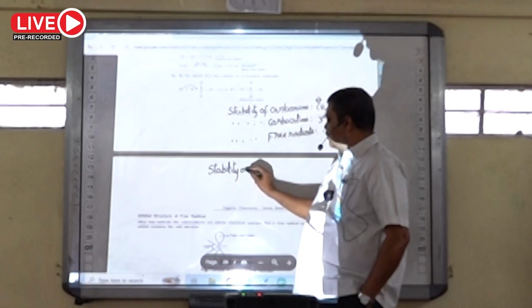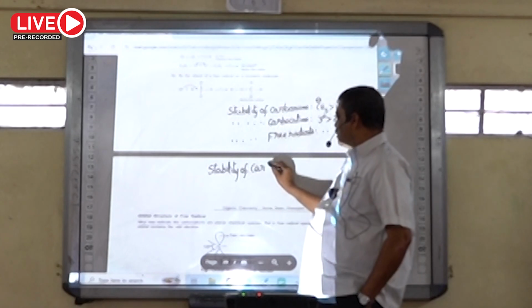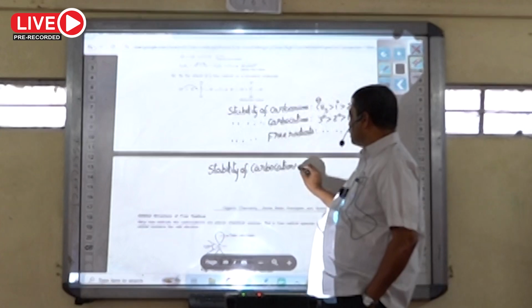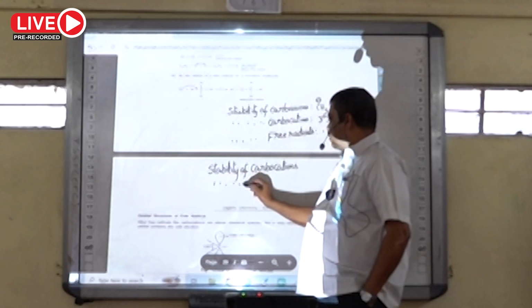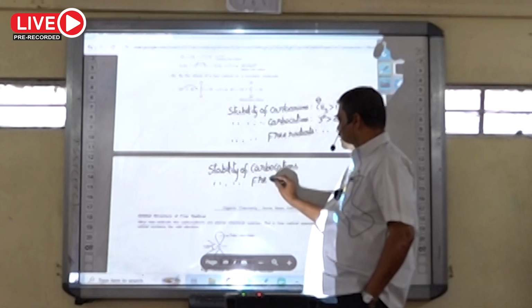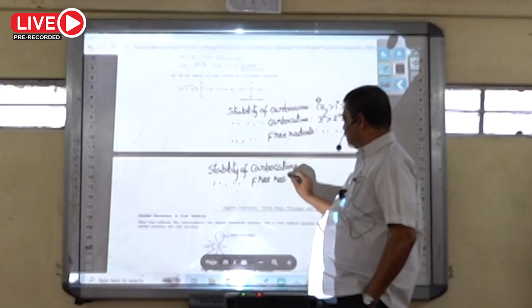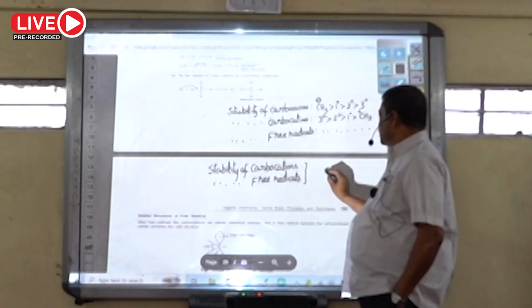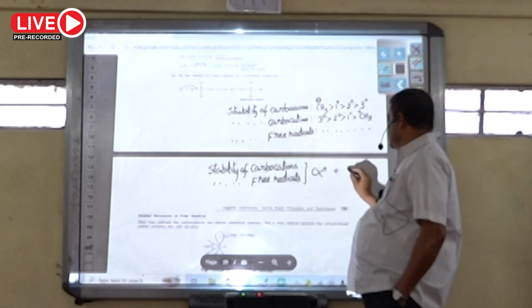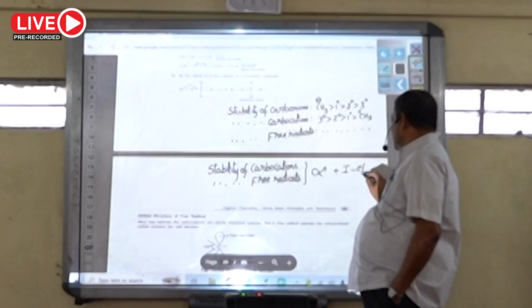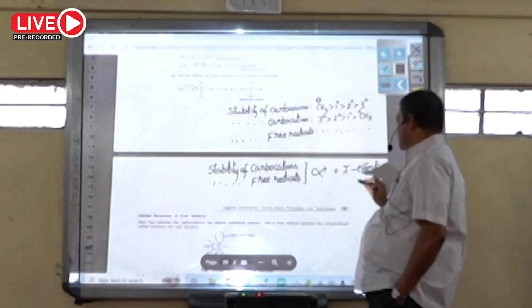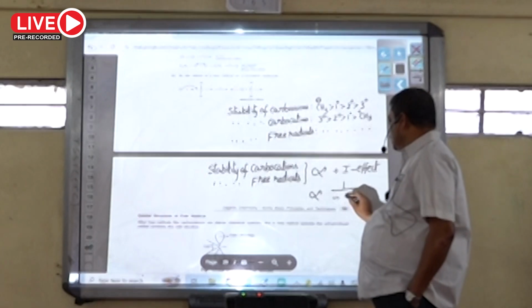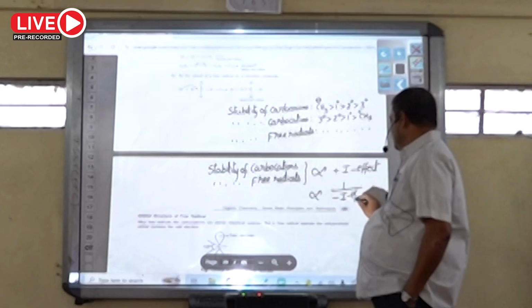Stability of carbocations and stability of free radicals is directly proportional to plus I effect and inversely proportional to minus I effect.